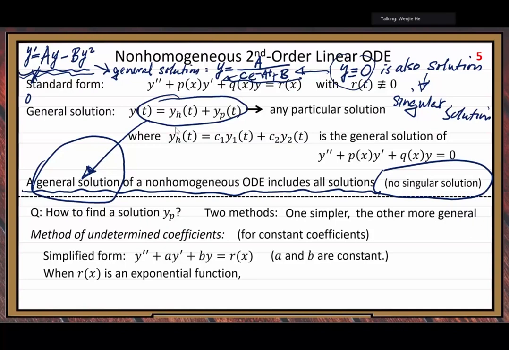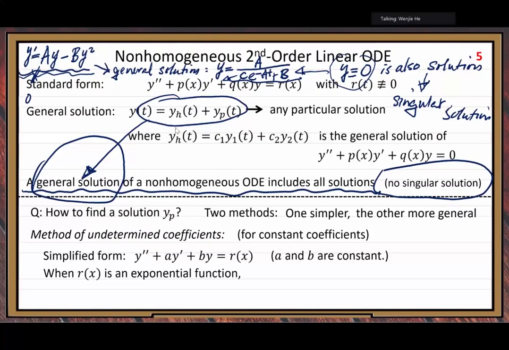we need to consider what kind of functions the little r function could be. There are several interesting choices for the r function. The first special case: r is an exponential function, e to the some constant times t, or x.